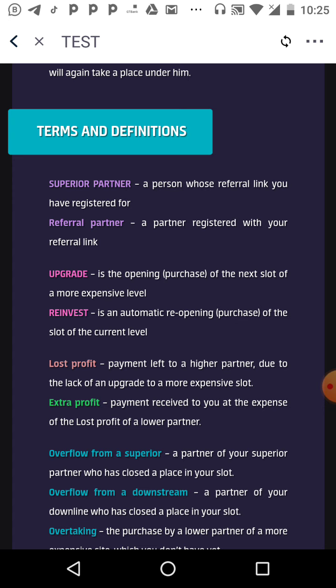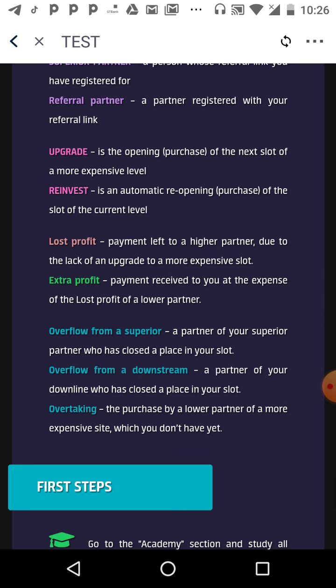Superior partner, a person whose referral link you registered with. Referral partner, a partner registered with you. Referral link. Upgrade is the opening purchase of the next slot of a more expensive level. Reinvestment is an automatic reopening purchase of slots of the current level. We talked about all this.